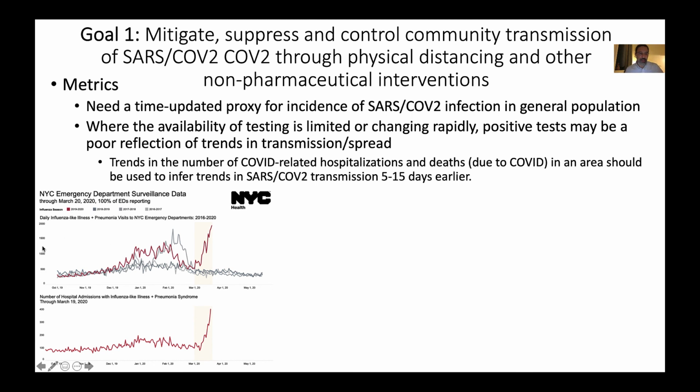You can see here, in the trends in emergency department visits on the top, and admissions to the hospital from the emergency department on the bottom, in red, the flu epidemic for last season, and then the rise in emergency department visits as a result of SARS-CoV-2 spreading in New York City.